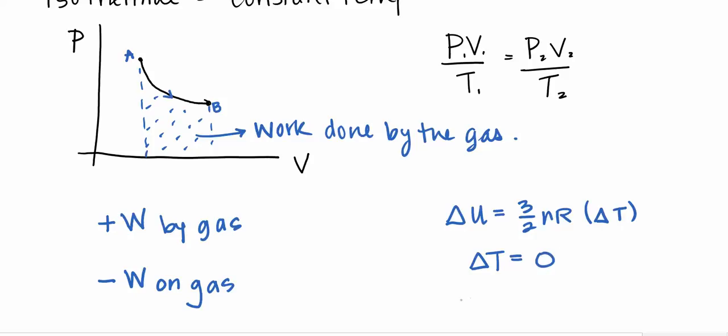So the change in internal energy has to be zero. So where are we going to get the energy to do this work? How do we get the energy to do it in the first place? How are we going to keep the temperature constant?